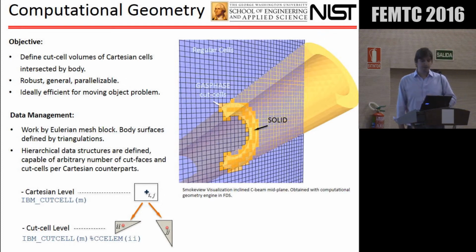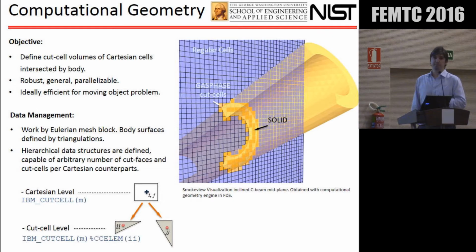And the idea is that we want to define a set of cut cell volumes on all the Cartesian cells that are being interfaced by the surface of the object. And we have some requirements for it.